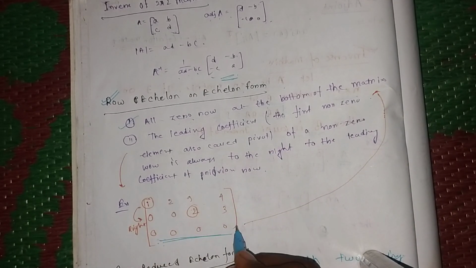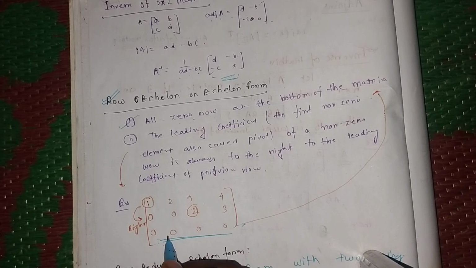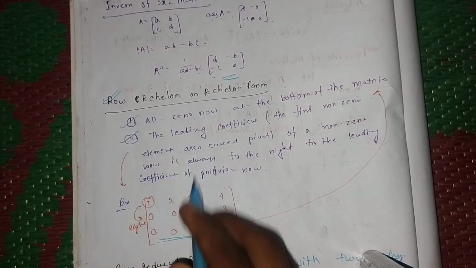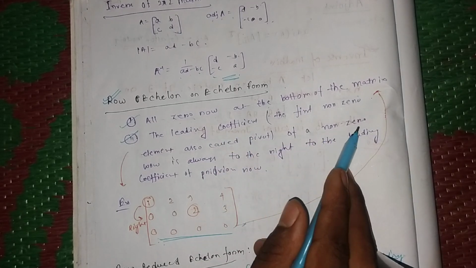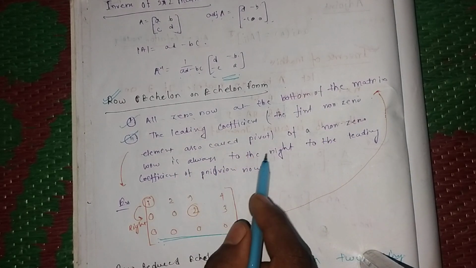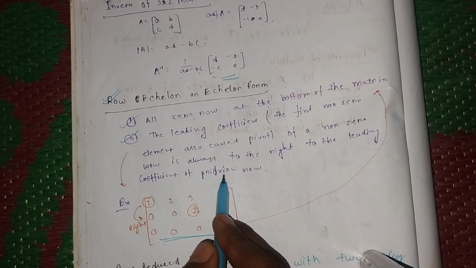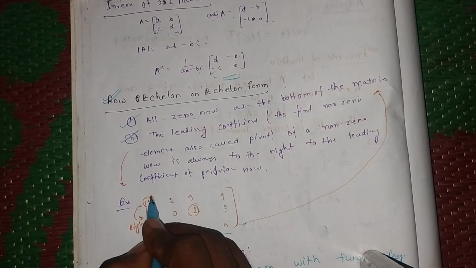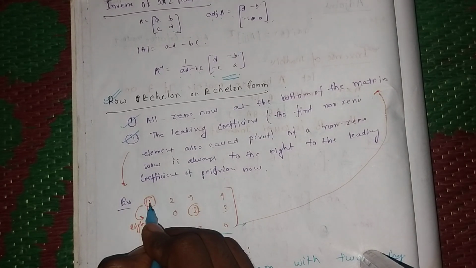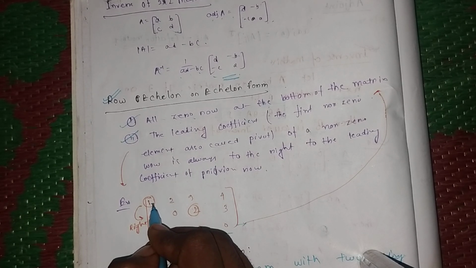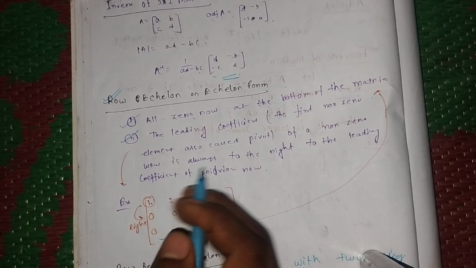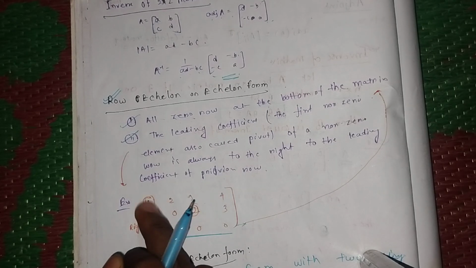Here you can see for this example the zero row is in the bottom. Next, the leading coefficient of a non-zero row is always to the right of the leading coefficient of the previous row. Leading means the first non-zero element in the row.